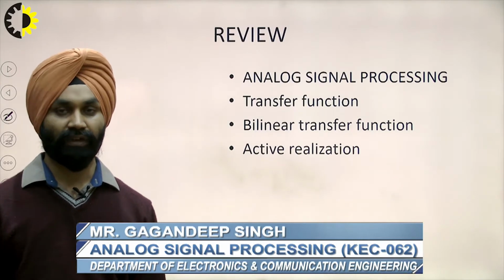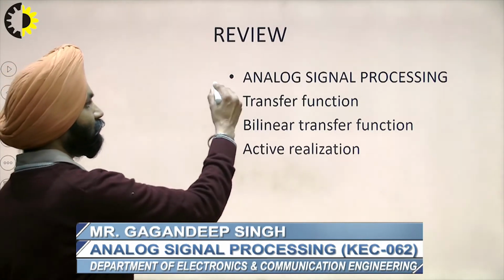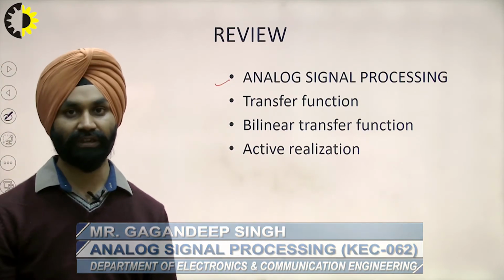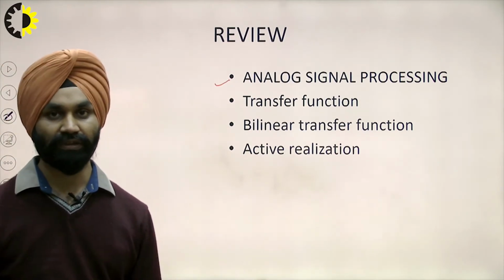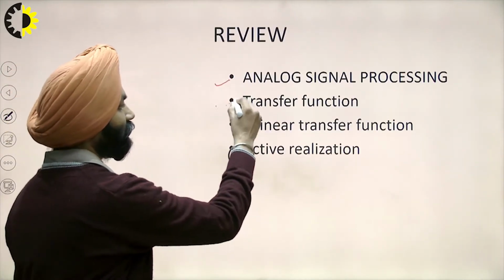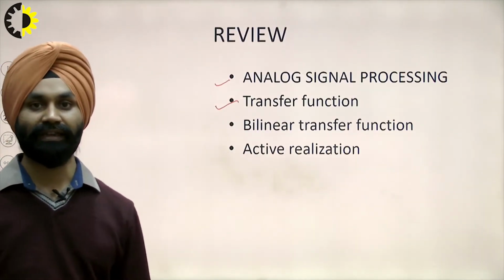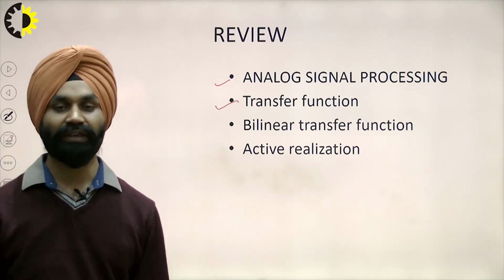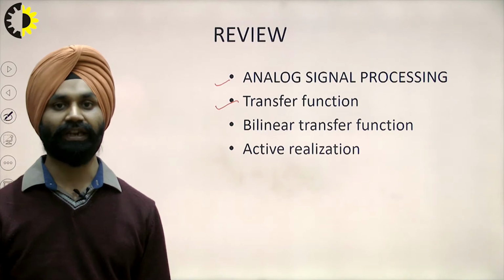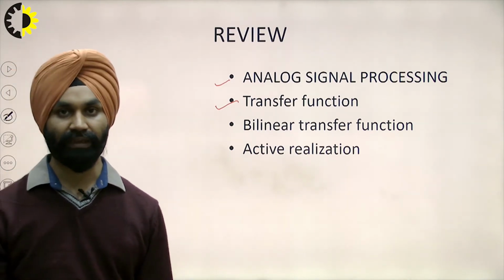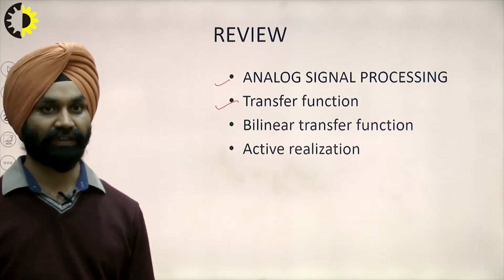So previously we have looked at what is analog signal processing. We have discussed why we need analog signal processing, what are analog signals, and why we need to process those signals. Then we have discussed the transfer functions, and then the bilinear transfer functions, a special type of transfer function where we have two linear equations that are used to form V out by V in, that is the transfer function T(s).